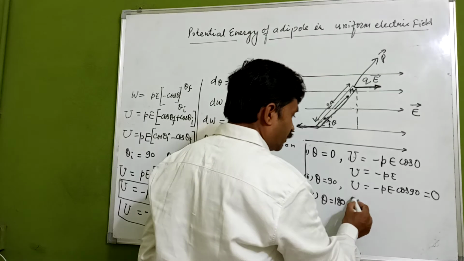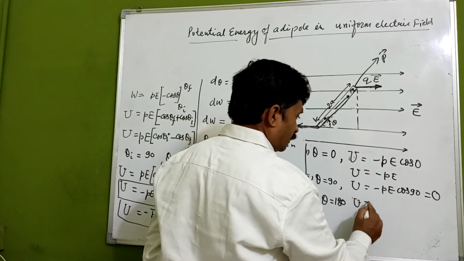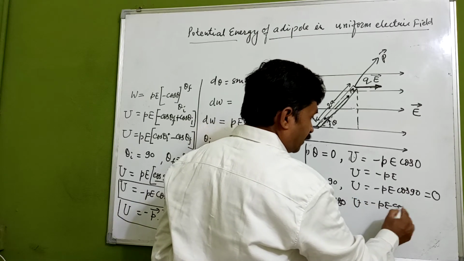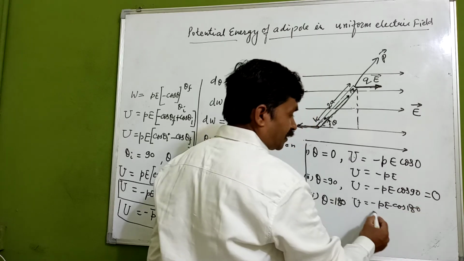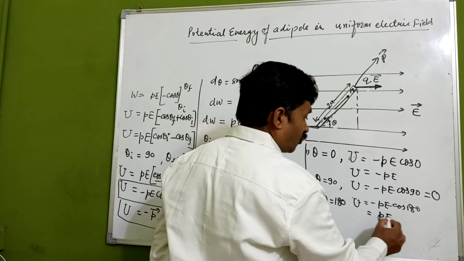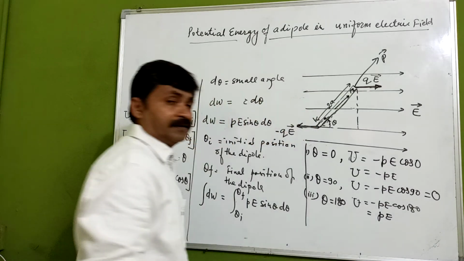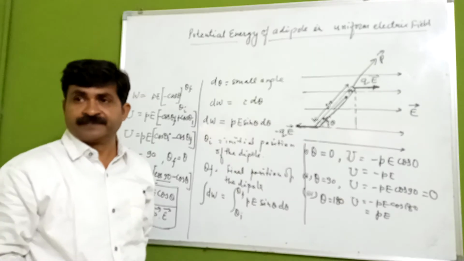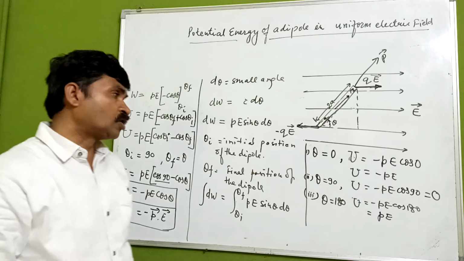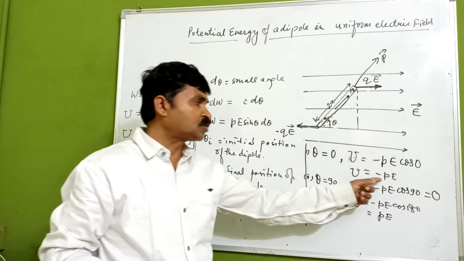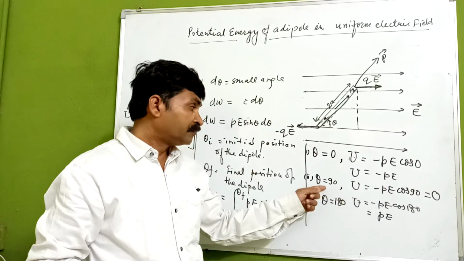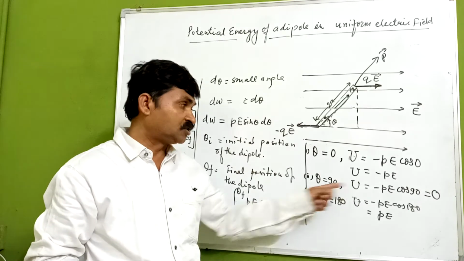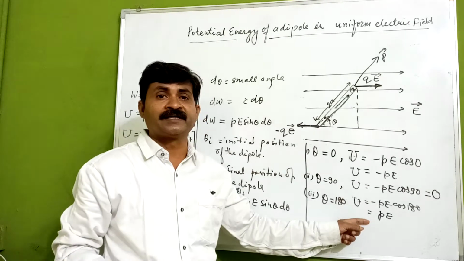U is going to be minus PE cos 180, and we know the value of cos 180 is minus 1. We are going to have PE. So we are getting, for theta equals 0, minus PE; for theta equal to 90 degrees, 0; and for theta equal to 180 degrees, PE.